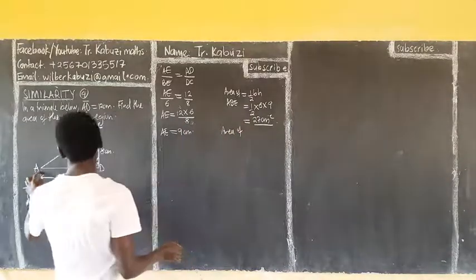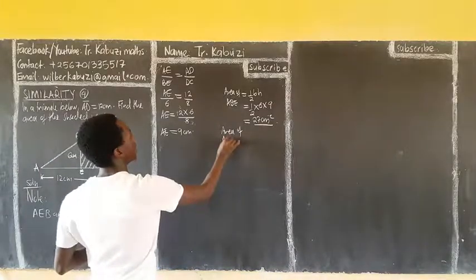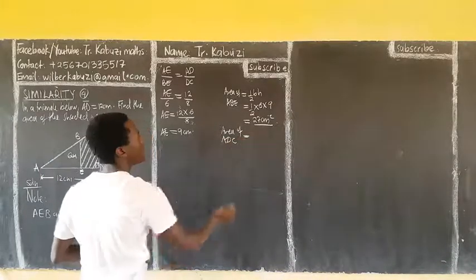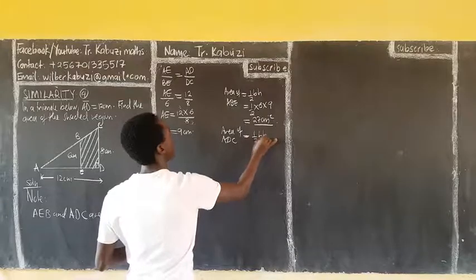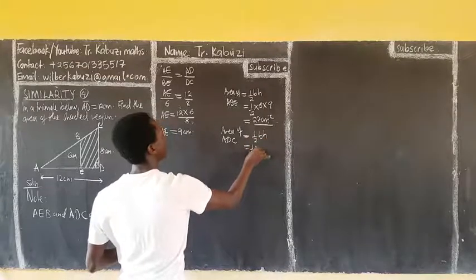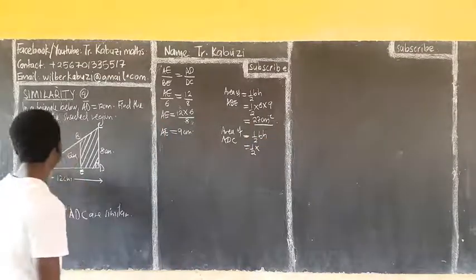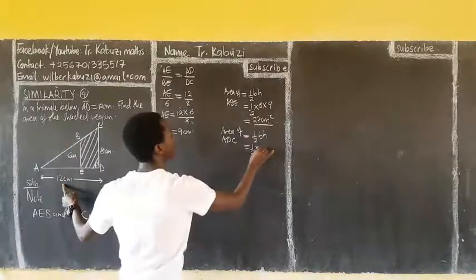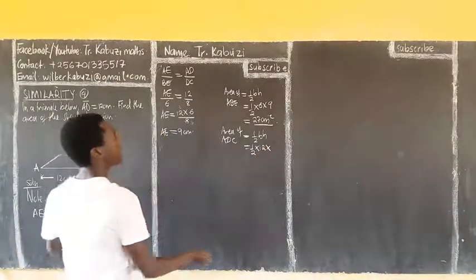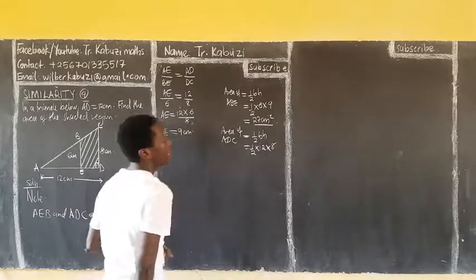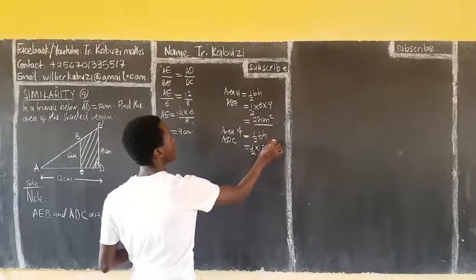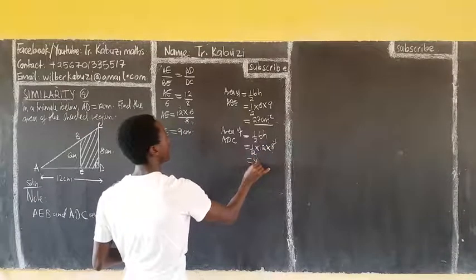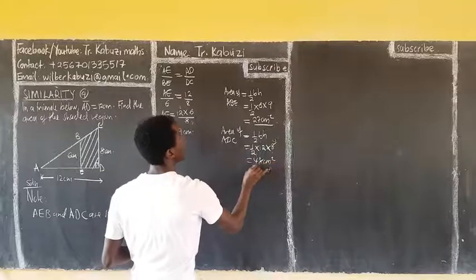Now the area of ABC is going to be also a half base times height, which is a half times the base, which is 12, and the height is 8. By this 4, it is going to give us 48 square centimeters.